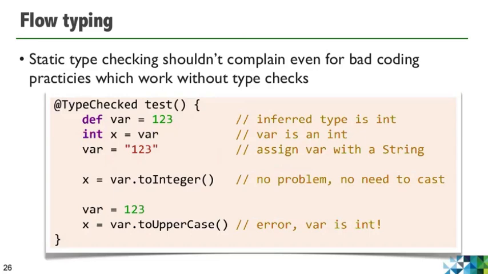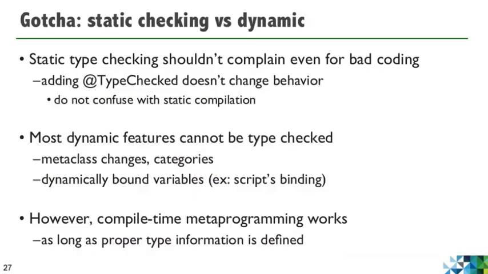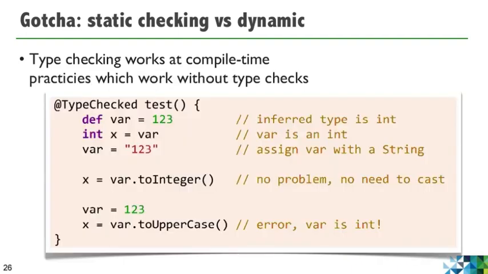Then later on we'll assign a string. And when we do x equals var.toInteger, the static type checker knows that at this point of execution the variable var actually contains a string, so we are allowed to call toInteger, because toInteger is a method that Groovy provides on strings.